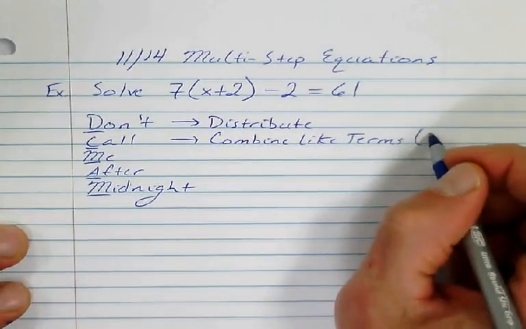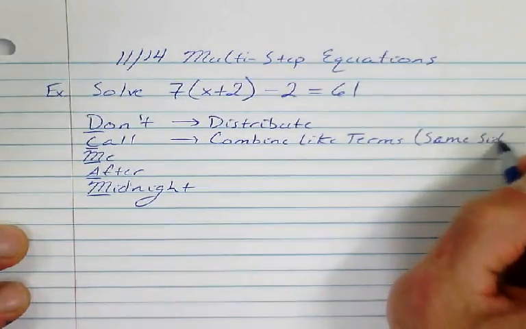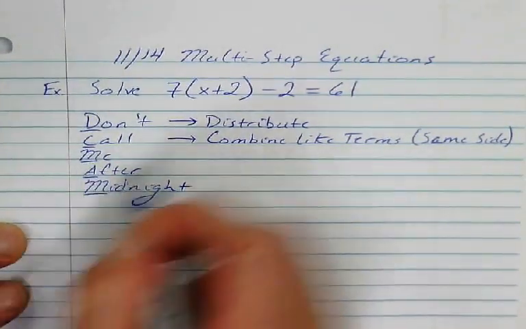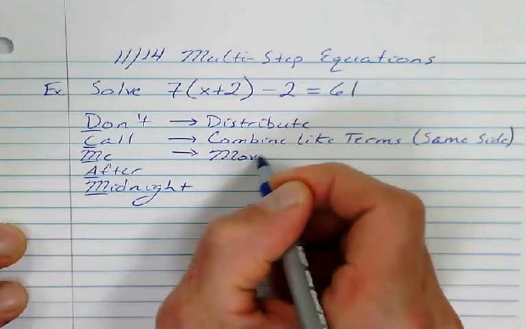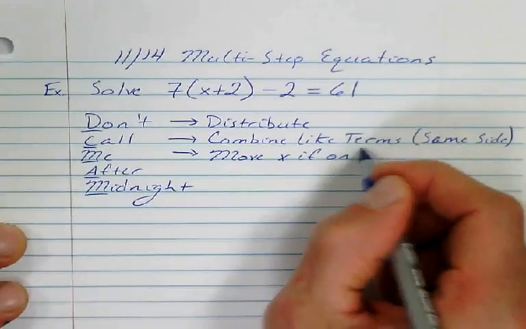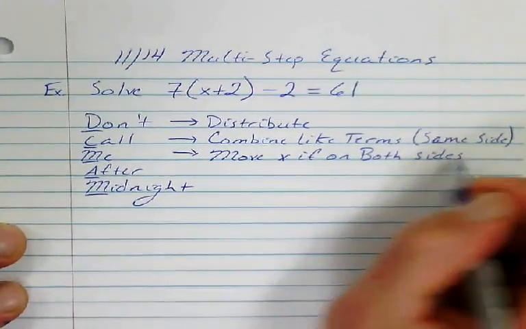I'm going to put as a side note here, same side. Got to be on the same side of the equal sign. The first M stands for move x if on both sides. Underline the word both.